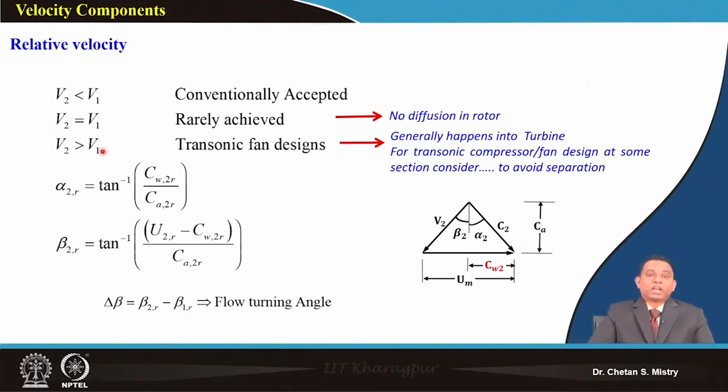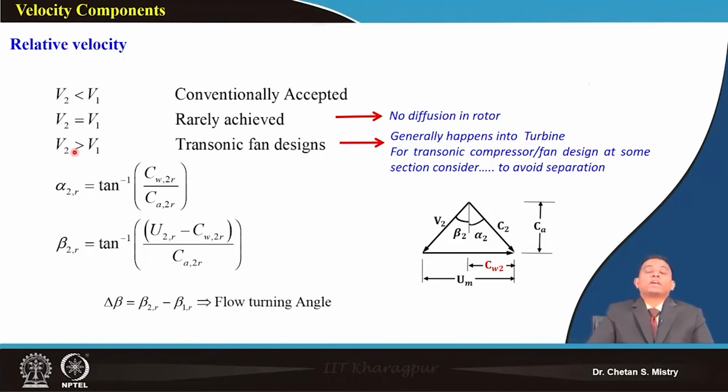And there are some designs in which you will have your relative velocity to be very large. Okay, so this is what happens in transonic fan design. Conventionally this needs to happen in the turbine. So many times when we are doing our design for a transonic compressor or fan, in some of the sections we are purposefully designing like that in order to avoid flow separation.